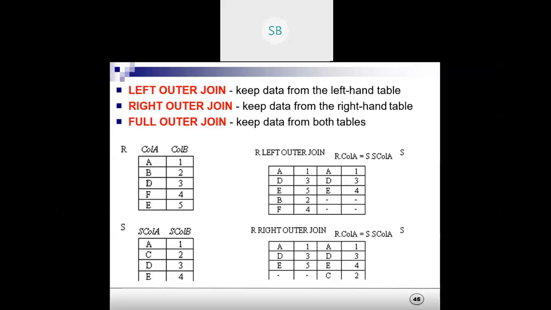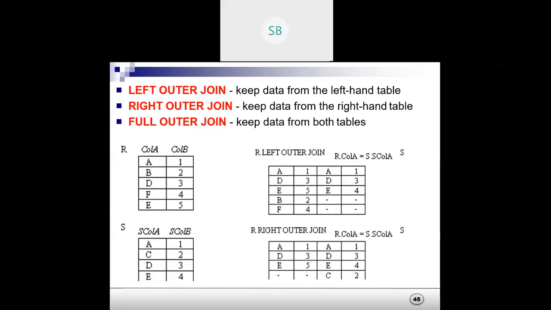But other things are left because we have more extra in the left table, that is B and F. So that will appear in the last. And for the right join, same thing: first find the matching tuples, and whatever is left will come here. So this was all about the left join and right join.